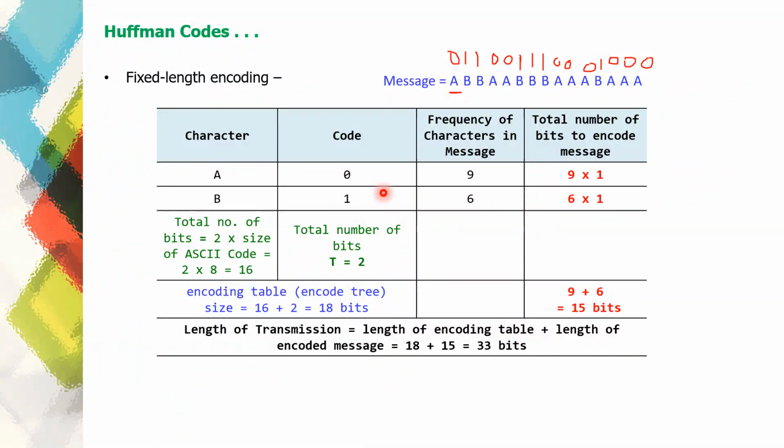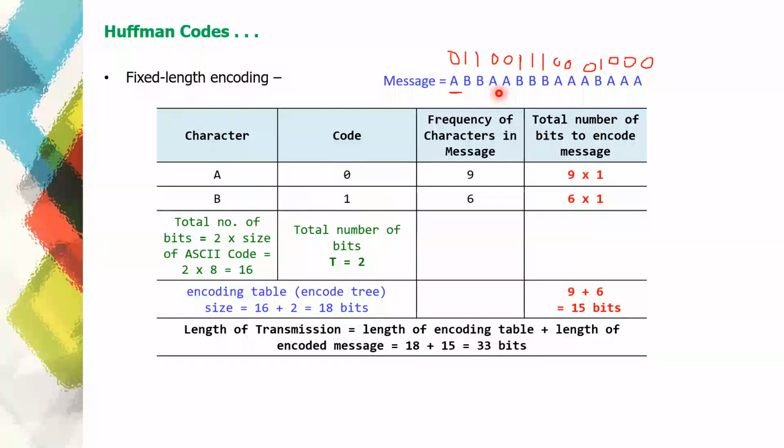But here, this is my own encoding scheme. The receiver does not know how I have encoded. I have represented A with a 0, B with a 1. How does the receiver know how character A is represented, how character B is represented?